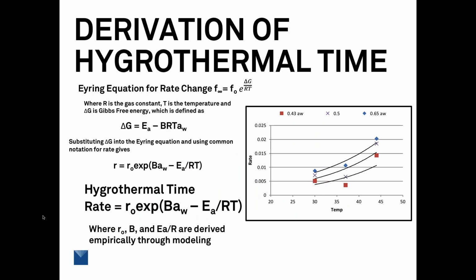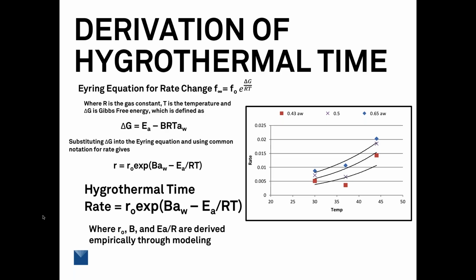And so here's the hygrothermal time equation that I was discussing. This is derived from the Eyring equation, which is a first principles rate equation that's been around for at least a century now, that identifies in its original rate equation that the rate is dependent upon what the rate is under the standard condition multiplied by the exponential of Gibbs free energy divided by the gas constant times temperature.